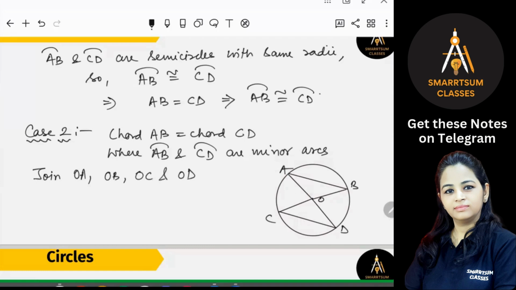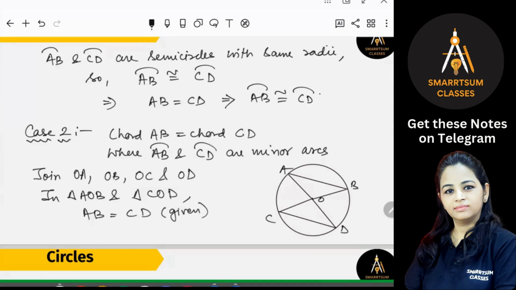Now, since we have joined these, we can see the two triangles AOB and COD. Again, we will do the same thing here. In triangle AOB and triangle COD, what do we have? AB is equal to CD. It is already given that the two chords are equal in length.